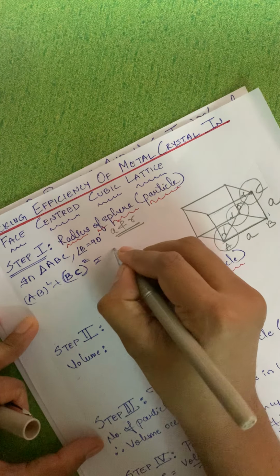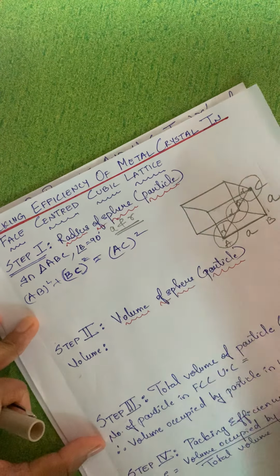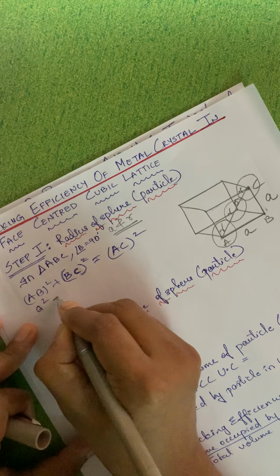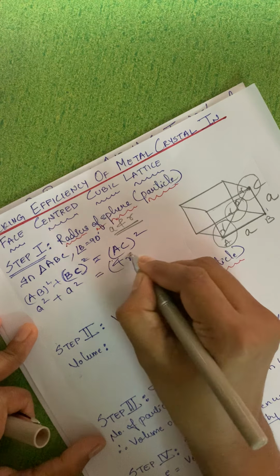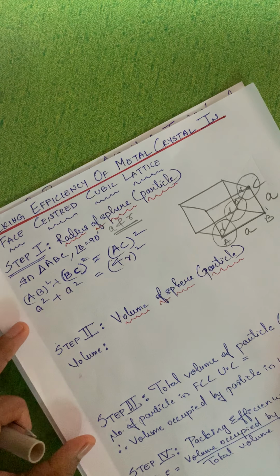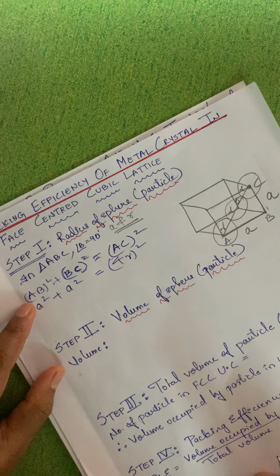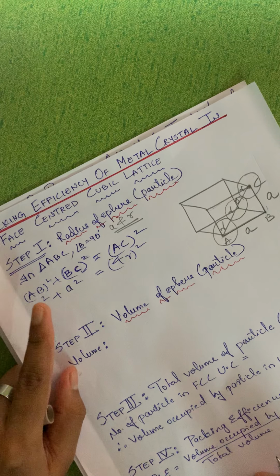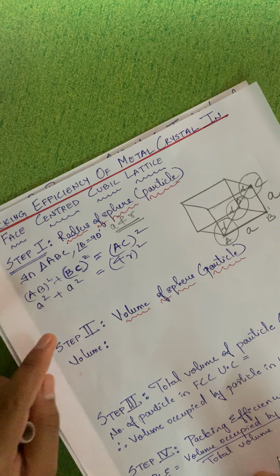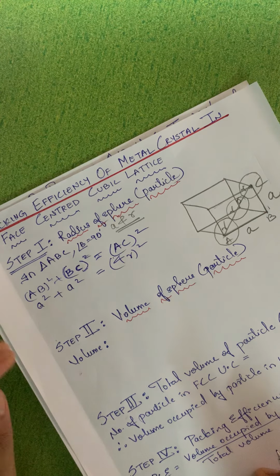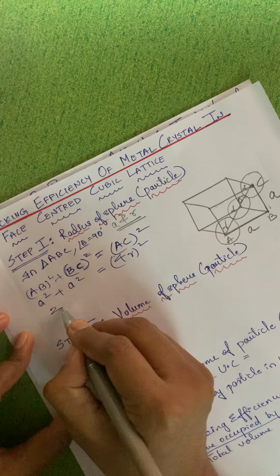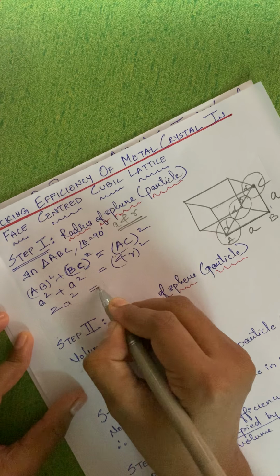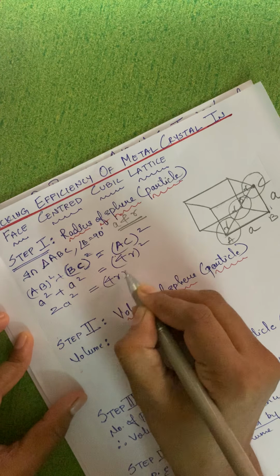So a square plus a square equals 4r whole square. You can try this out and afterwards check the answer here. It is better to try it out because you have learnt Pythagoras theorem in 8th or 9th standard. So 2a square will be equal to 4r the whole square.